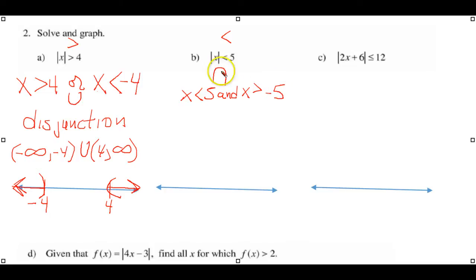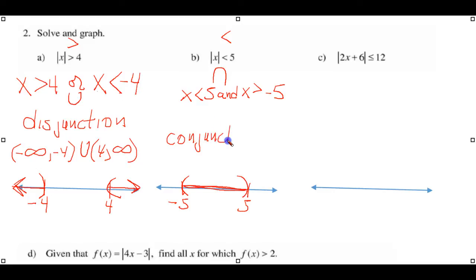Again, we have to reverse the inequality sign and opposite sign. So when we graph this, it'll be a negative 5 and a 5. But from the negative 5, x is greater, so we go this way. And for this one, x is less than 5, we go this way, and we fill in between. So this is what we call a conjunction.